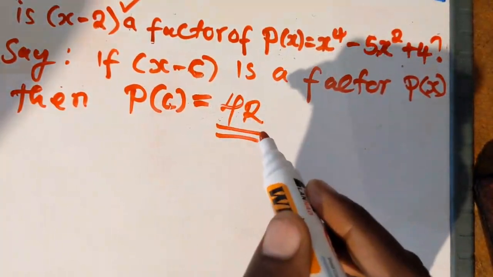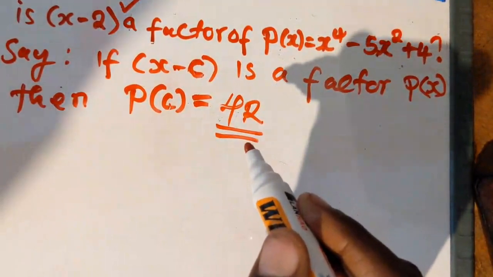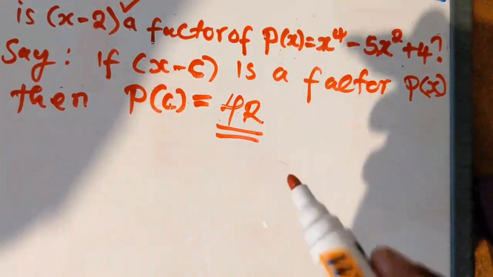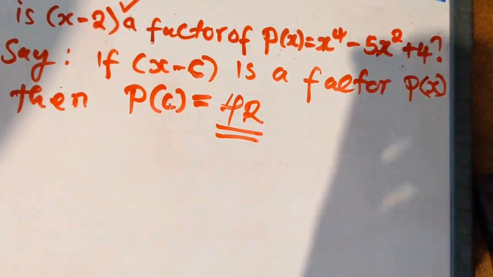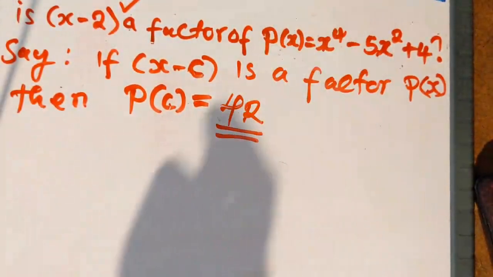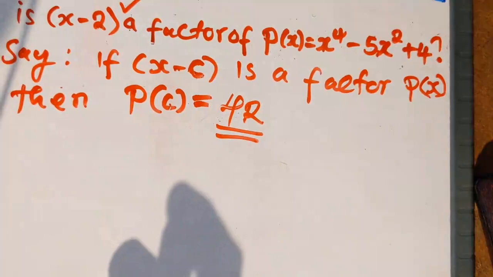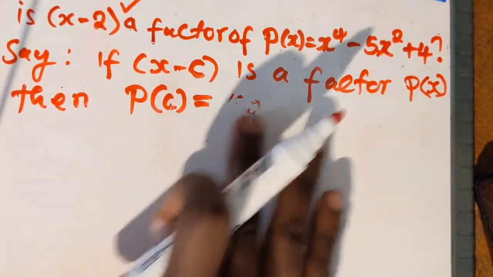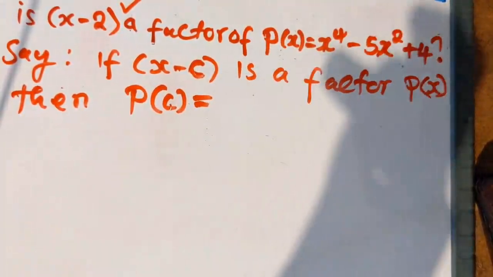So when you divide any number into a polynomial and it gives you a remainder, we call it the remainder theorem.